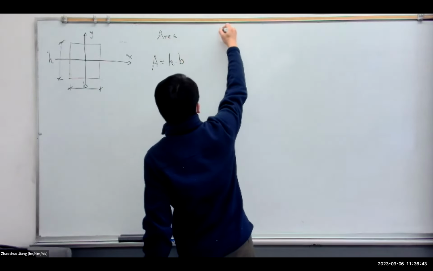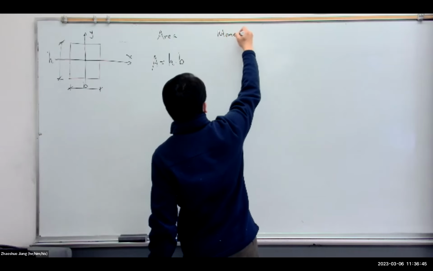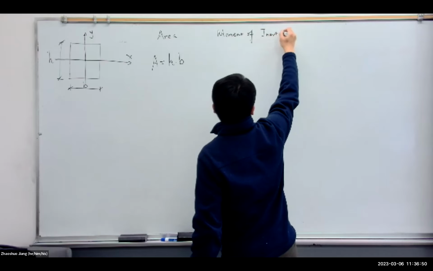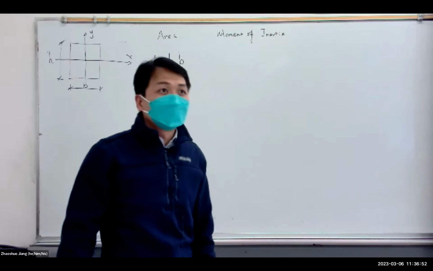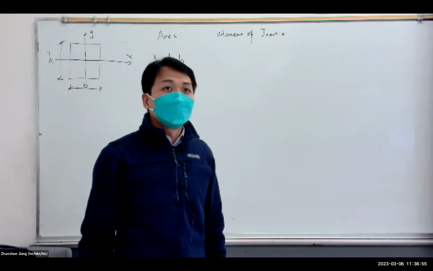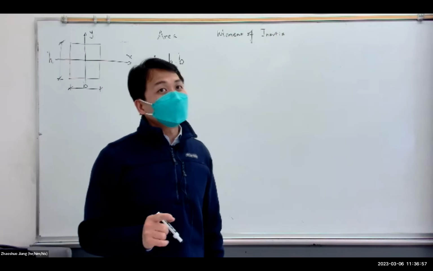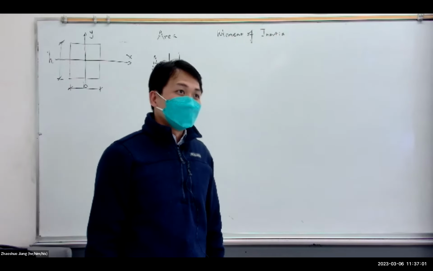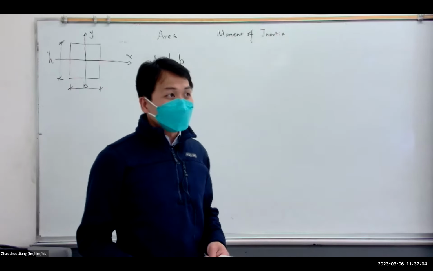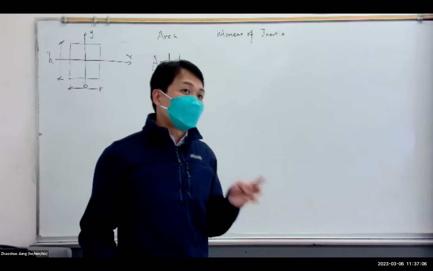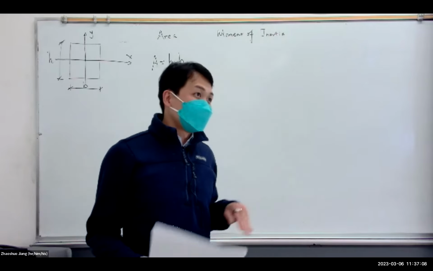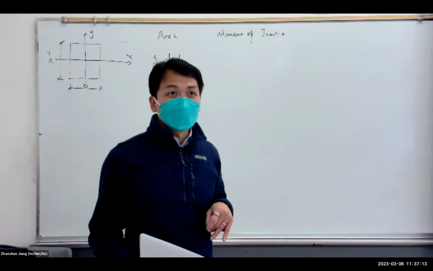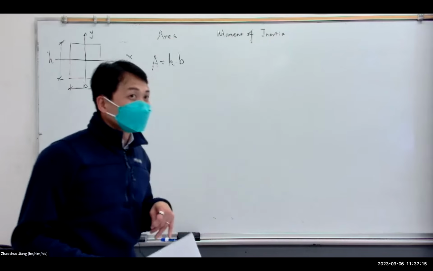And what is the moment of inertia? First, the question I asked is not correct. I asked you, what is the moment of inertia? But for the moment of inertia, you have infinite ones. So you have to tell me which axis you're trying to get the moment of inertia about. So let me rephrase my question.